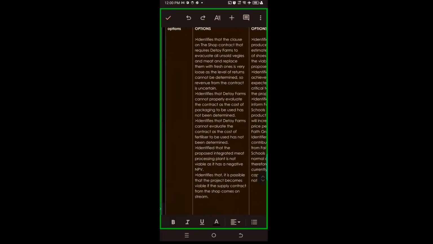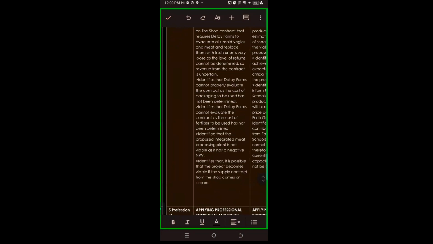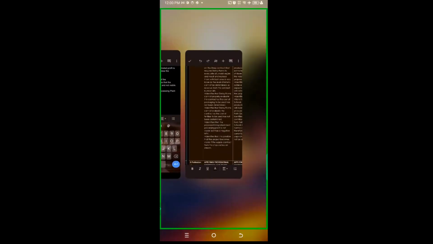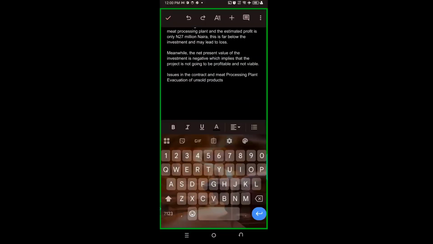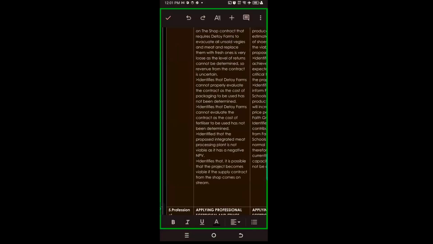They mentioned contracts not properly evaluated as many costs are not given, right? As many costs are not given.